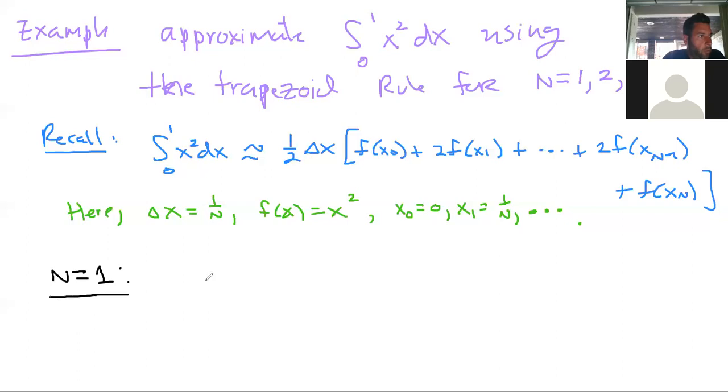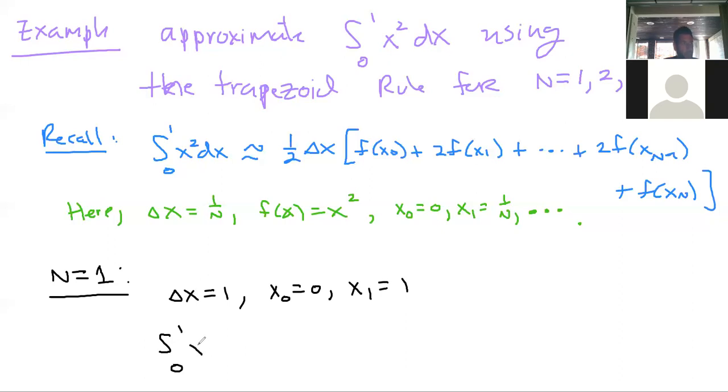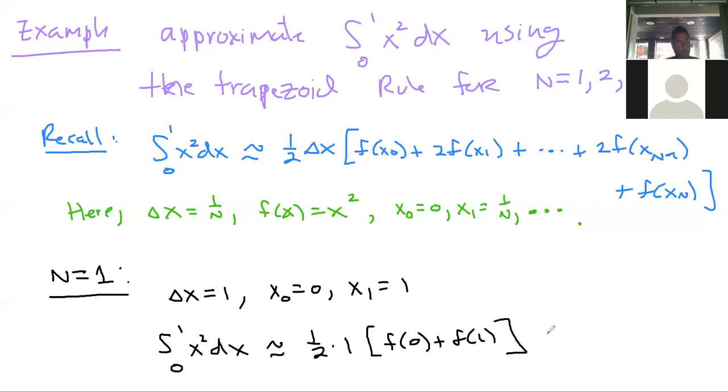Here's the case when n equals 1. When n equals 1, your delta x is 1. You only have two guys. You have x sub 0, which is 0, and x sub 1 is 1. And so you get that the integral from 0 to 1 of x squared dx is approximately 1/2 times 1, times f evaluated at 0 plus f evaluated at 1, which simplifies to nothing more than 1/2.